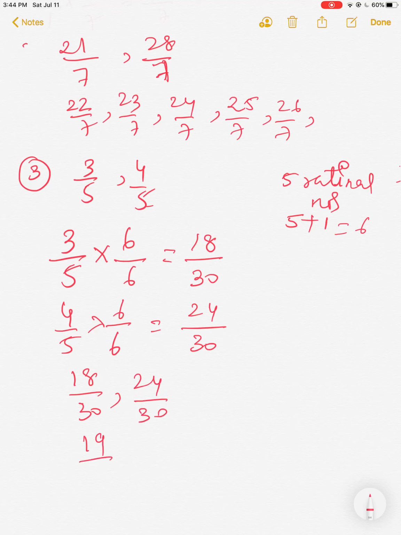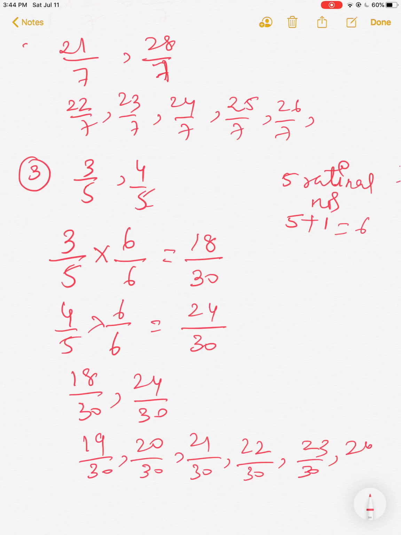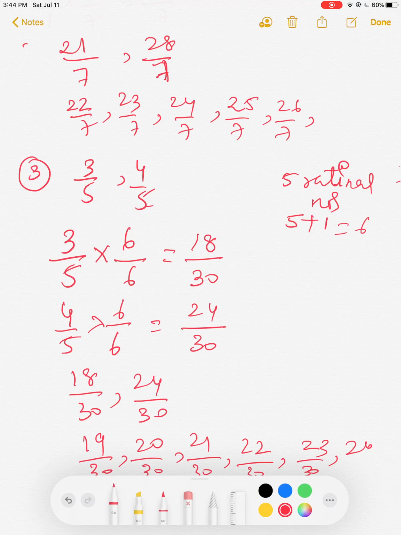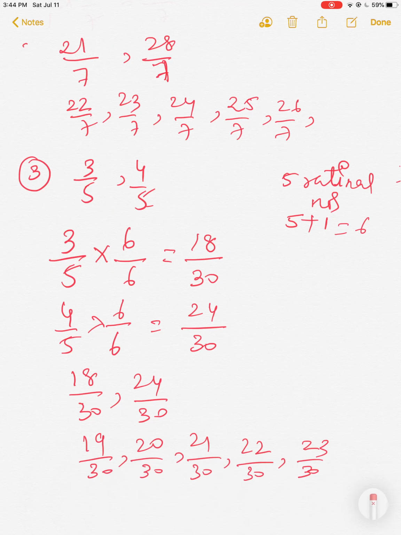So we have 19 upon 30, 20 upon 30, 21 upon 30, 22 upon 30, 23 upon 30. 24 we don't need, because these two should not be included. These are the numbers: 1, 2, 3, 4, 5.